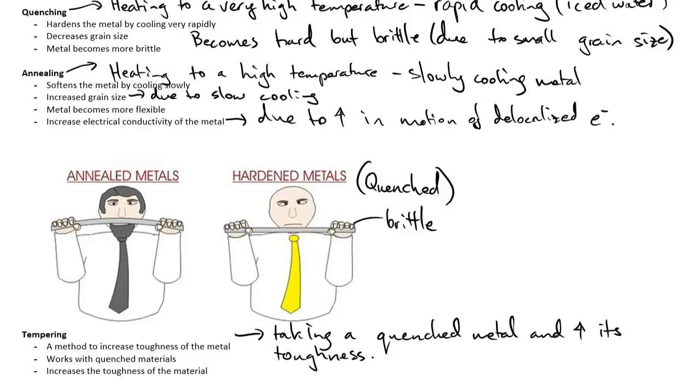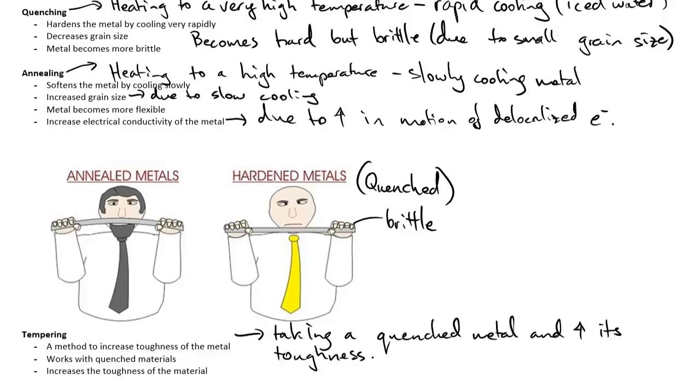So the difference between hardening a metal and increasing the metal's toughness: a hard metal will just scratch the surface of another material very well. You can take a hardened metal and you can scratch the surface of glass, for example. But as I mentioned, a hard metal may still have a lot of brittleness to it.